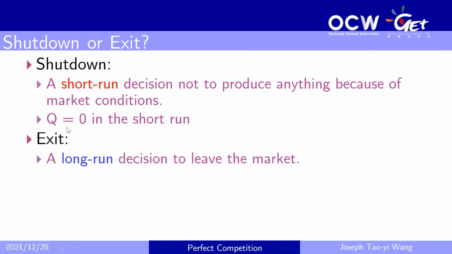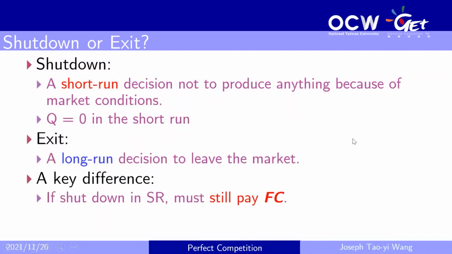But there could be also a long-run choice to exit, which means that you decide to just leave the market. Actually, some of the restaurants, after the lockdown is finished, did not come back. They decided to exit the market directly. And the difference is that if you shut down in the short run, you still have to pay rent. You still have to pay the fixed costs. But if you exit, then of course, in the short run, you might have to breach the contract.